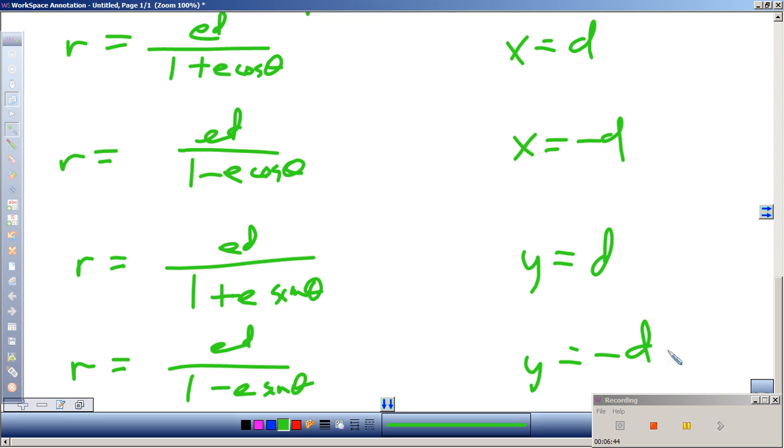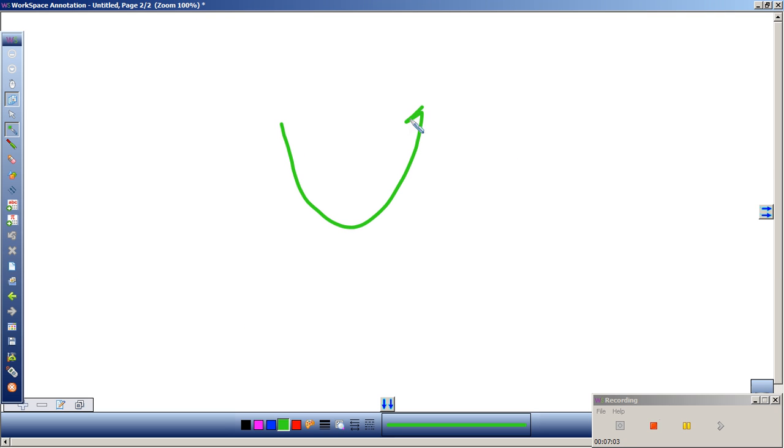Does it follow why we would have y here when we have sine? It's a horizontal line. Think about if we had a vertical parabola, we want the directrix to be on the line over here.